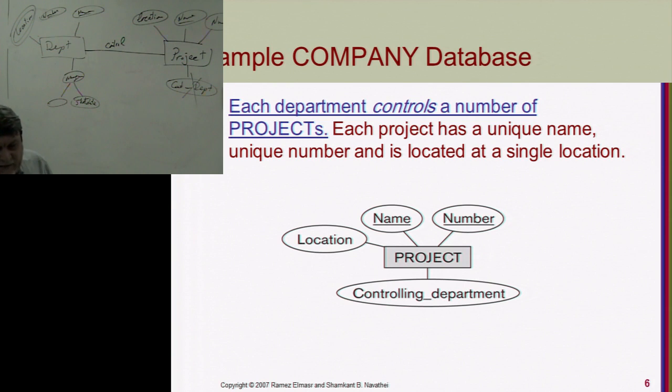I said, if you think the first moment that it is an attribute, but later on you discover, probably you have read this before you read the department, so I didn't identify the department yet, but once I define a department, then I have to replace this attribute with a relationship. But yes, you are right, because department comes first. We know that there is a department, so we should have done this in the first place. We shouldn't have defined it like this.